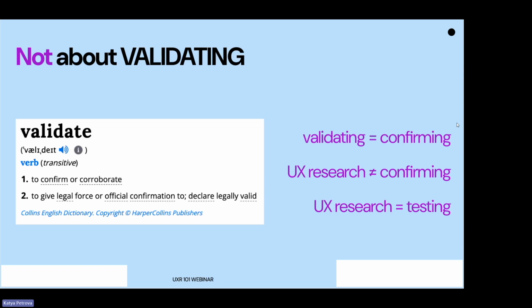The word validate means confirm or corroborate. I think it's important to understand from the get-go when we're going into a research project that we're not trying to confirm our assumptions or our designs or our concepts, but we're trying to test those and learn more about them through talking to our users.